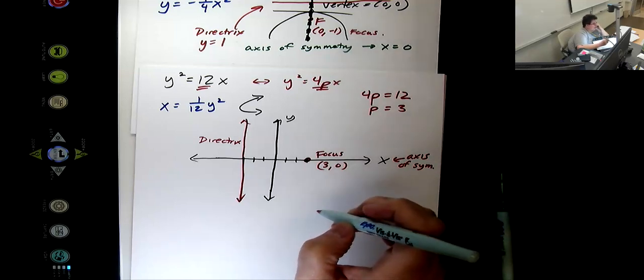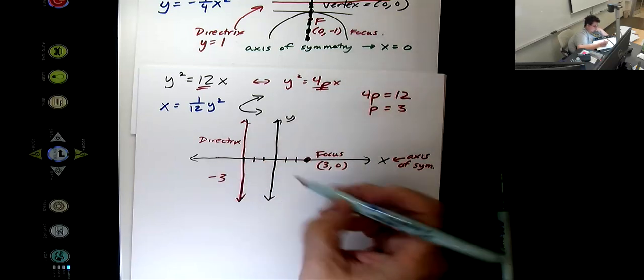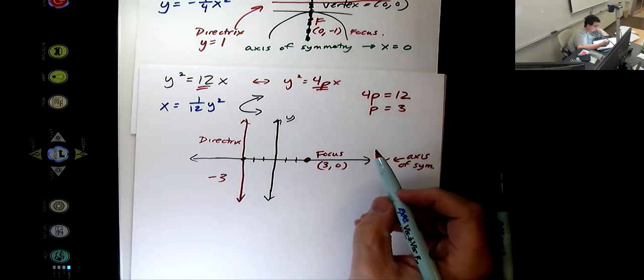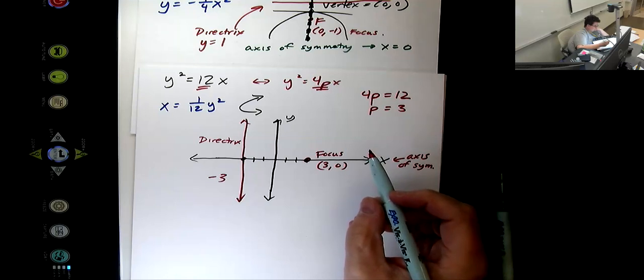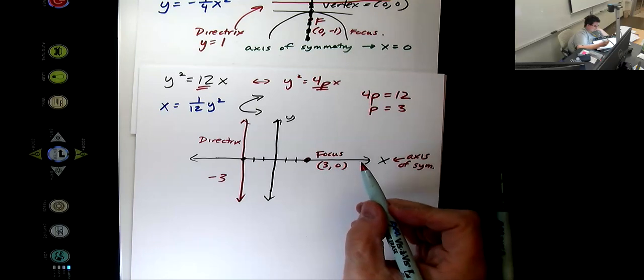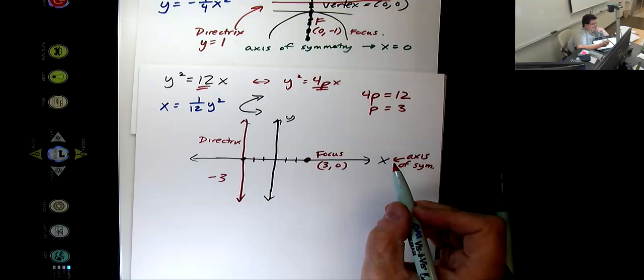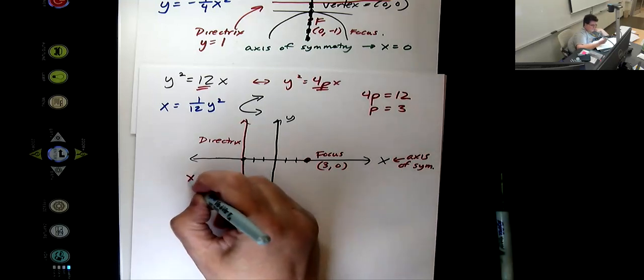Well, that point's negative 3, 0, but what's the line? We have to have a variable with it. Is this an x equals or a y equals? It's an x equals.